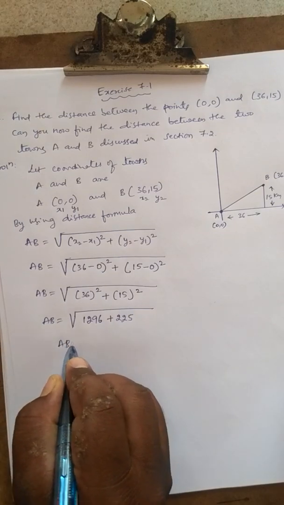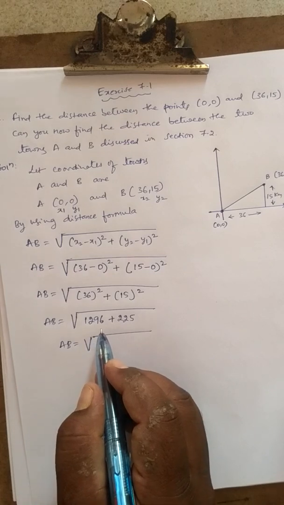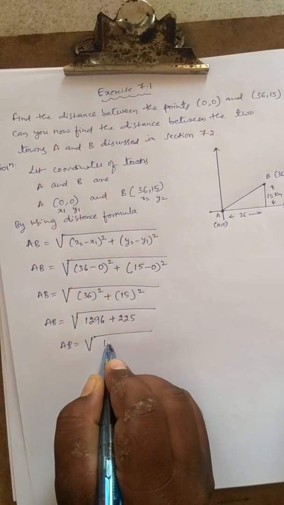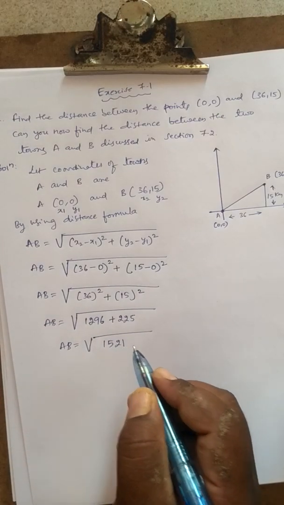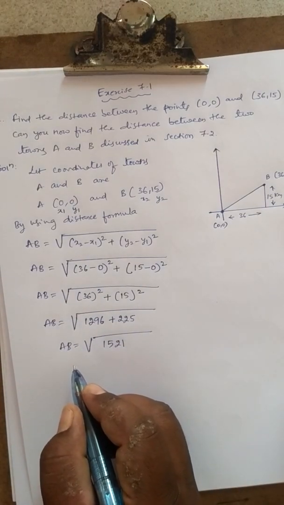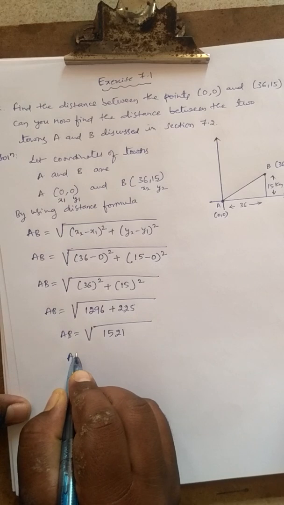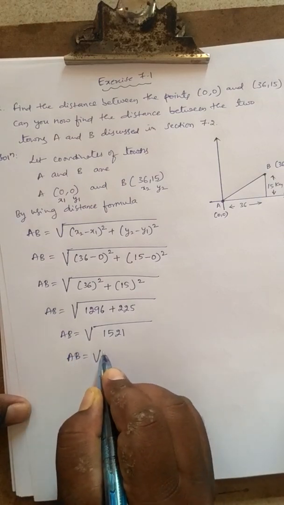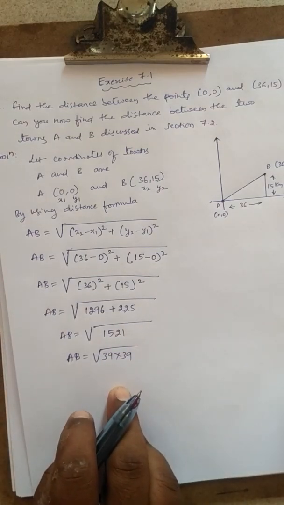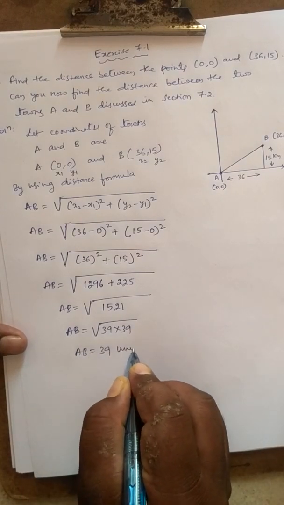Next step, AB is equal to under root, we add 1296 and 225. If we add both, we get 1521. So 1521 is a perfect square of 39. To remove the square root, AB is equal to 39 into 39, that is 1521. So AB is equal to 39 units.